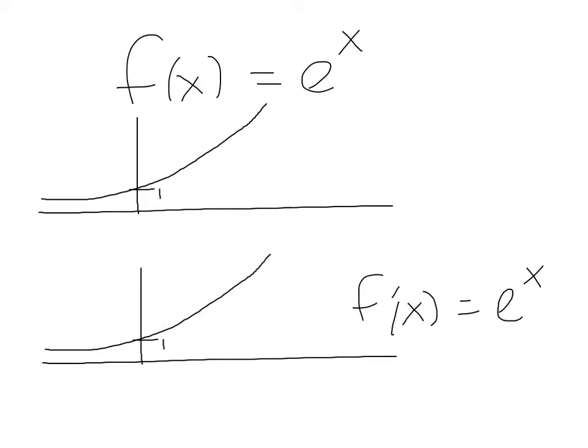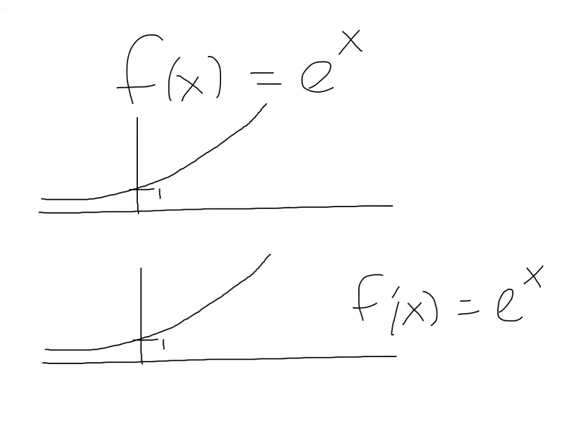Isn't that weird? But anyway, what you have to know is that means the derivative of e to the x is also equal to e to the x. That's strange. So what that says is the slope of this graph is itself. The equation for the slope of e to the x is, in fact, e to the x.